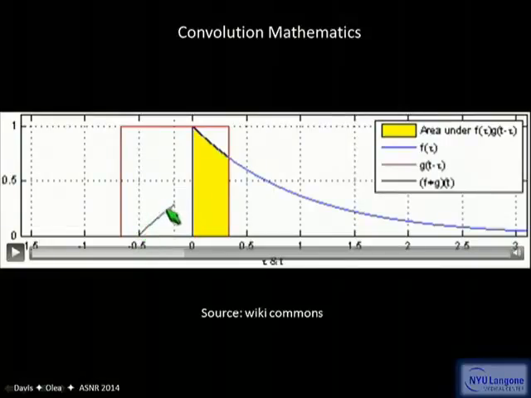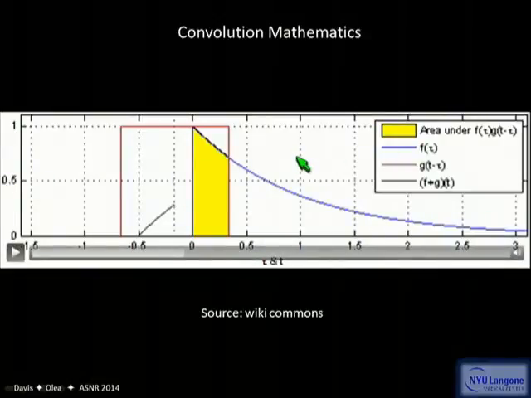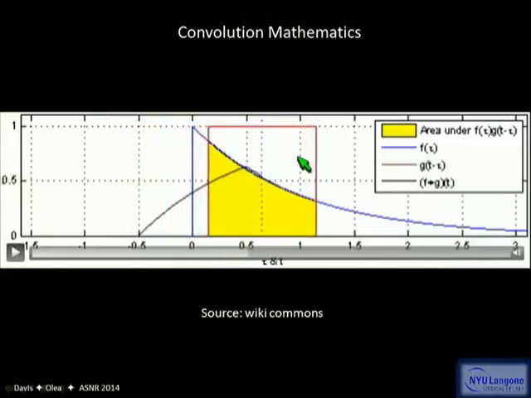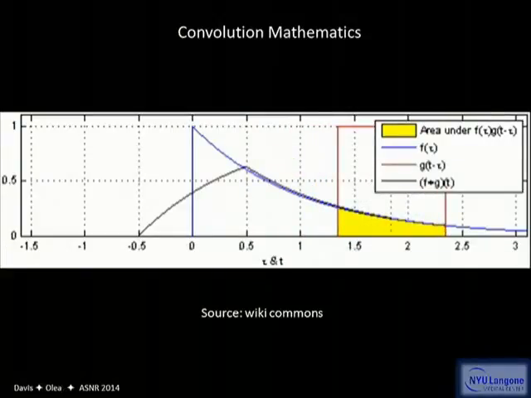What we are now forming is a third function that describes the area between those two curves. And we can see as the volume increases, the curve increases, it reaches a maximum, and then it starts to decrease, and the function decreases. That's what convolution mathematics are. And I thank Wiki Commons because there is nothing that you cannot get on the internet.